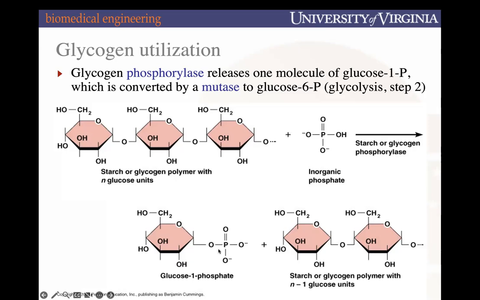There's going to be an isomerization that changes it to glucose 6-phosphate, or not isomerization, a mutase, forgive me, a mutase that changes it from glucose 1-phosphate to 6-phosphate. That then feeds into the second step of glycolysis, which enables using glycogen as an energy resource.